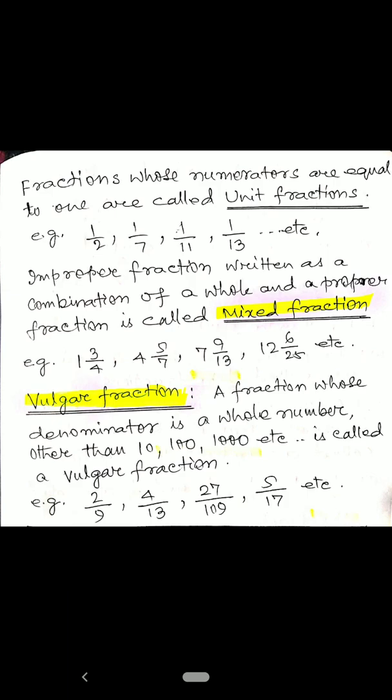Here denominators are not 10, 100, 1000, 10,000, numbers followed by zeros. So it is called vulgar fractions. In the next class, when you convert them into decimals, these are the non-terminating repeating decimals.